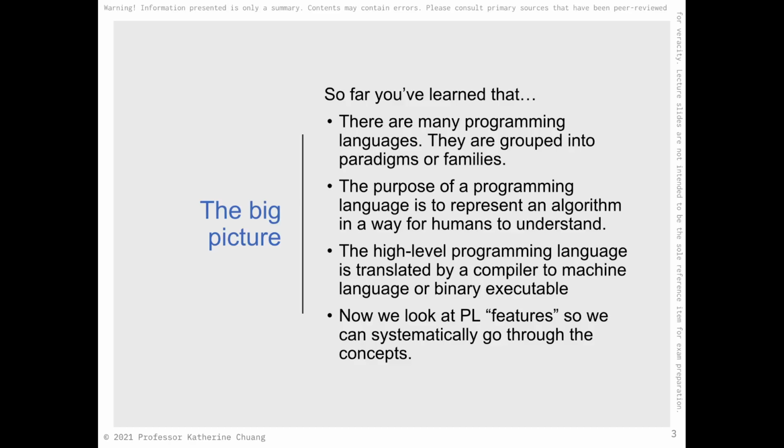So in order to be able to talk about the design of the languages, we do have to go through some of the features that these languages have, or what I like to say ingredients, because it gives you a better sense of taking different items and putting them together in different ways, and that can lead to different results depending on what combination you use and how you use it. So the rest of this slide deck is going through what possible options are available out there.